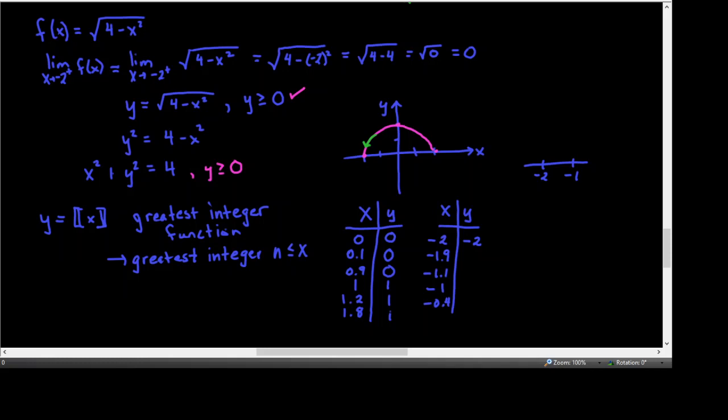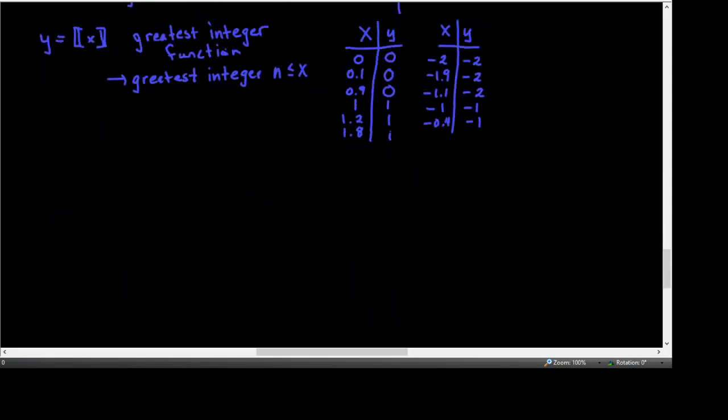And -1.9 is about right there. So what's the greatest integer that's to the left of it, less than or equal to -1.9? That's -2. How about -1.1, which is right there? What's the greatest integer that's less than or equal to negative 1.1? Still negative 2. The greatest integer less than or equal to negative 1? Negative 1 itself. Greatest integer less than or equal to negative 0.4? Still negative 1. So let's see why this is called a step function.